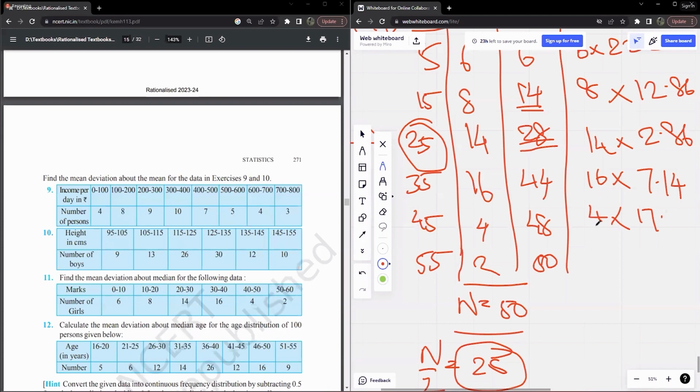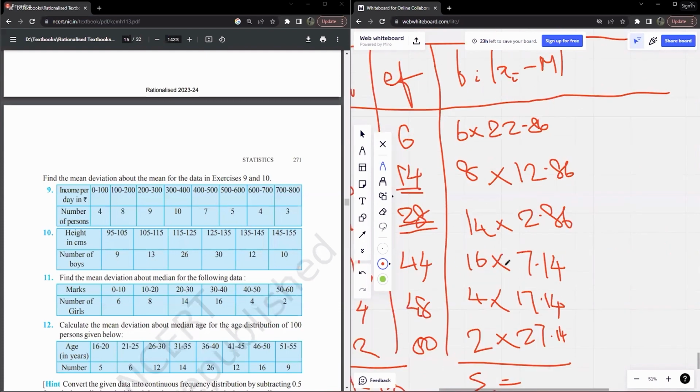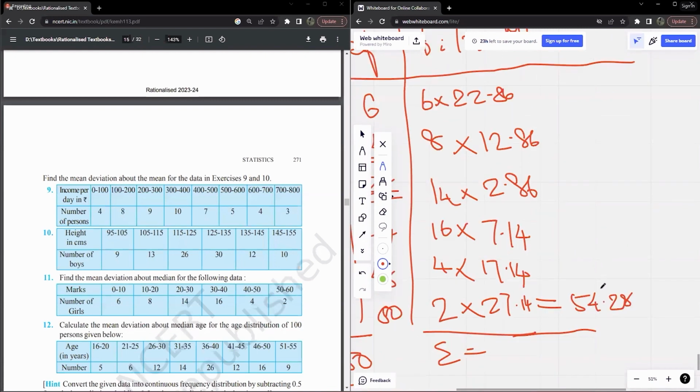Sigma of which is basically 54.28. This will be 68.28 for the 4 and 2 terms. The other things are going to basically be 6 into 22.86, which gives us 137.16. 8 into 12.86 gives me 102.88.